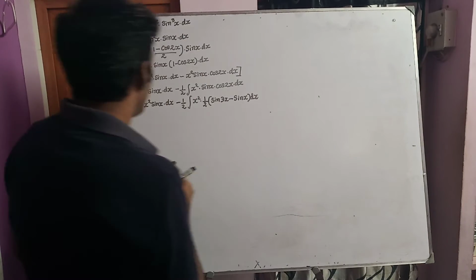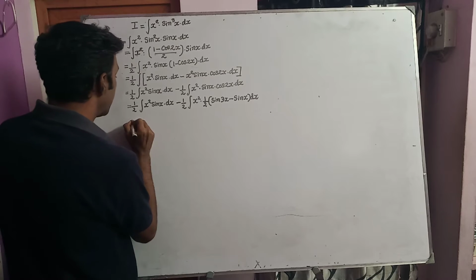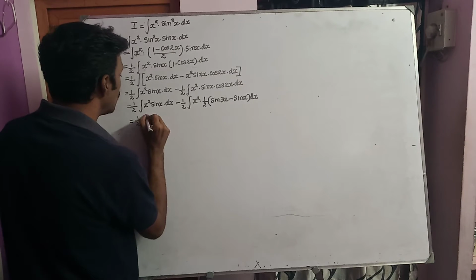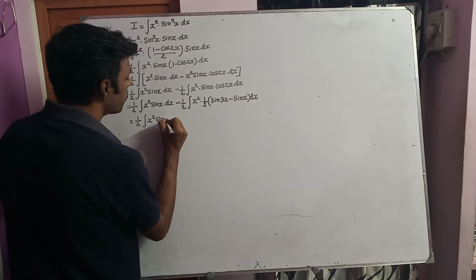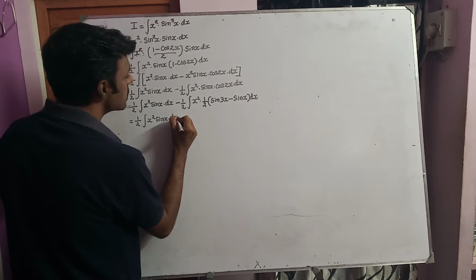Now further simplifying, I'll get half into integral x squared into sine x into dx.